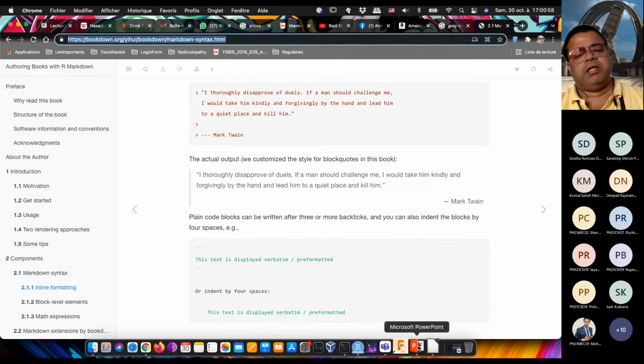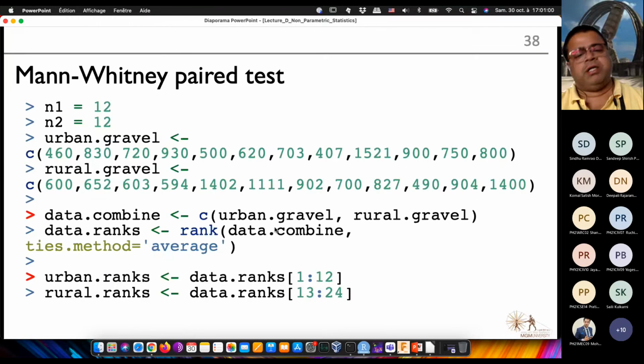Now, and you remember during we were studying the parametric and non-parametric. I was talking to you about non-parametric statistics, and one of the things that we did was the gravel comparison. Remember the gravel example that we had कि city में ज़्यादा gravel होता है कि rural में ज़्यादा gravel होता है, ये वो वाला example है.